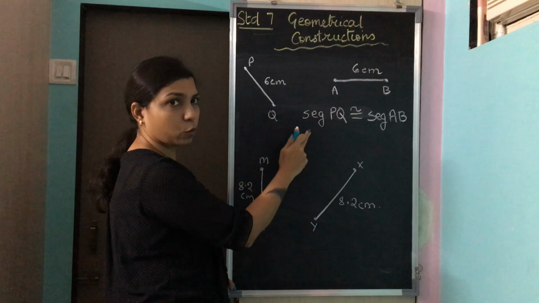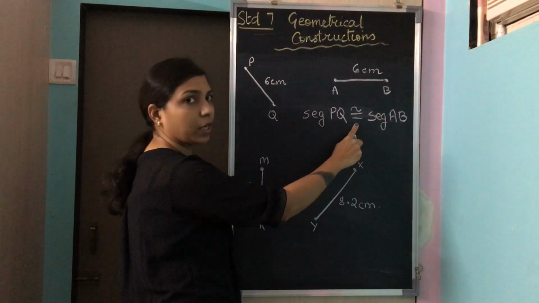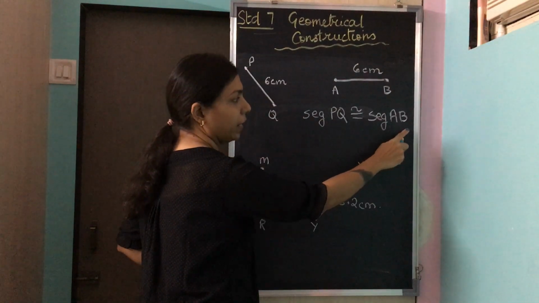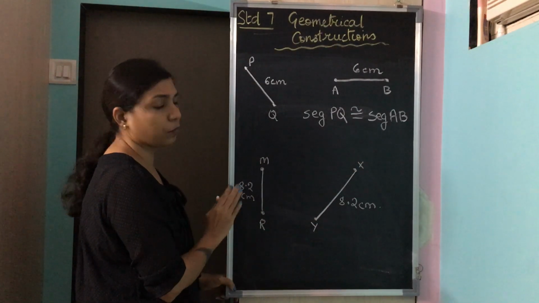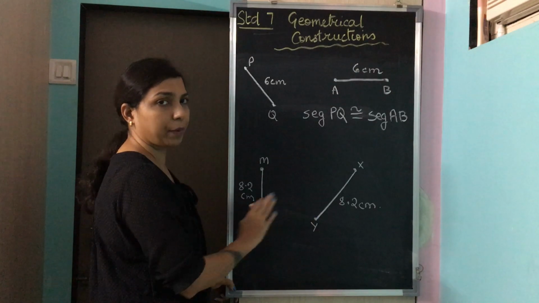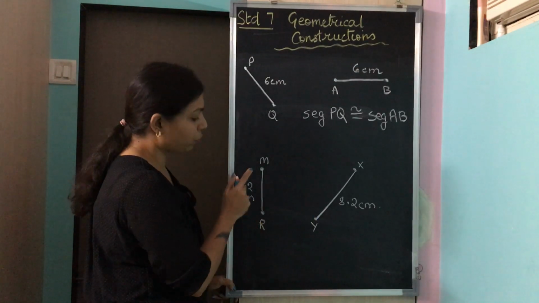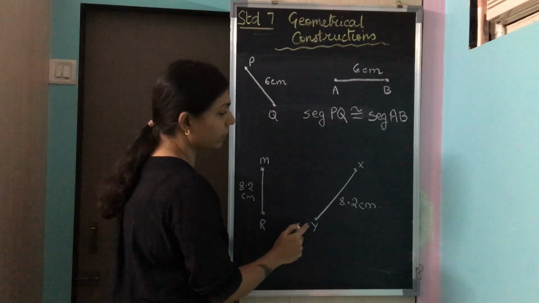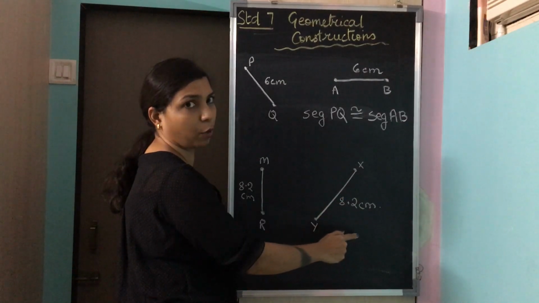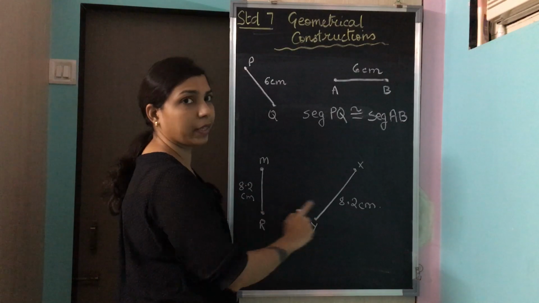Segment PQ is congruent to segment AB. Okay. Now how will I write this? First of all, we see are the two segments having the same measurement. I have drawn segment MR 8.2 centimeters and segment XY 8.2 centimeters. So the measurement is the same.